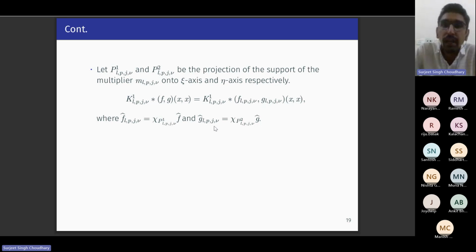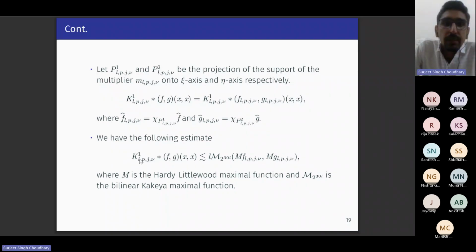And similarly, we define the function G. As I said, we decompose each sector and the annular region in terms of J and ν so that these projections have bounded overlap. So for each J and ν, we will have bounded overlap in these projections, separately in P1 and separately in P2.